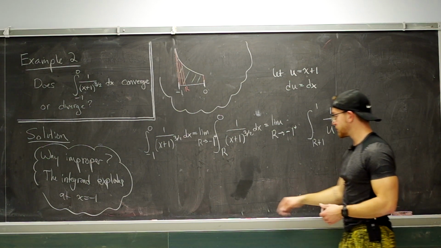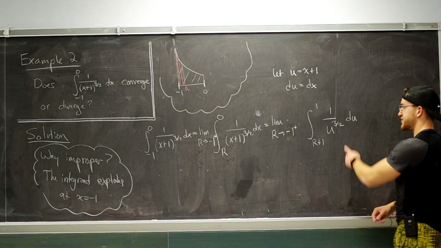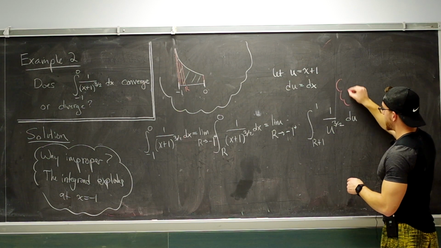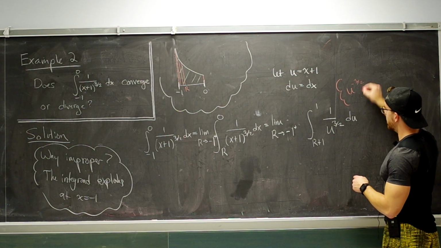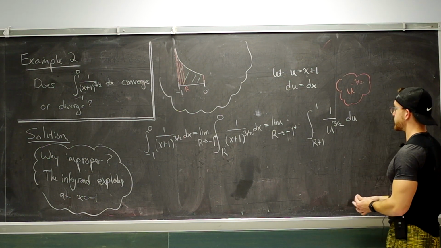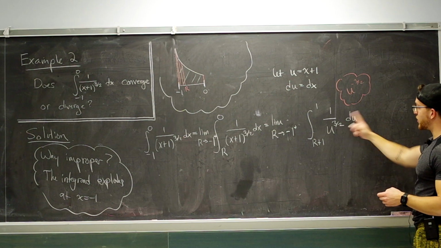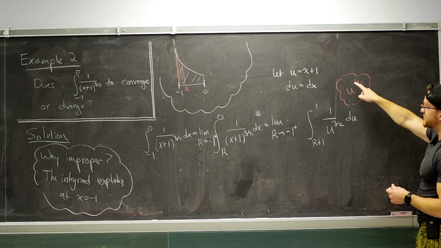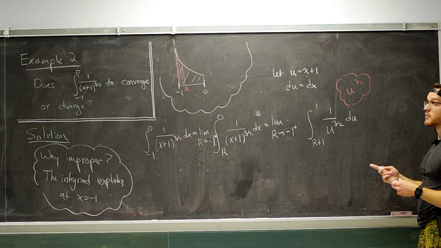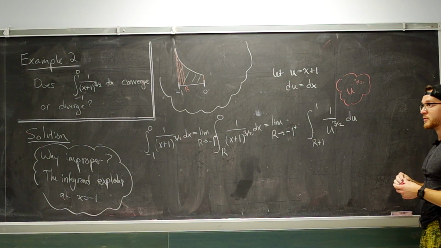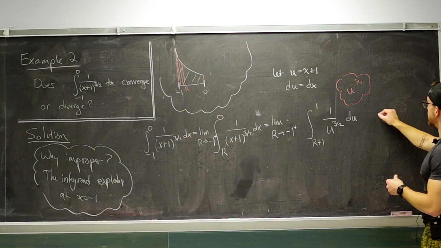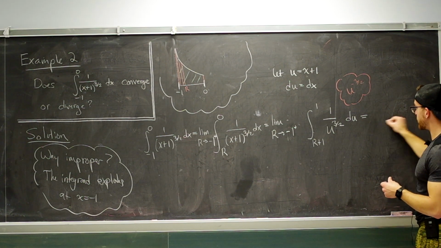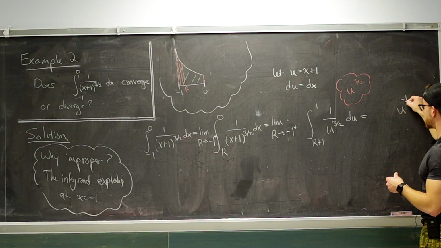And so here we are. Just like before, this is a power rule problem. I can think about this as being u to the -3/2. So power rule says bump the exponent up by 1. If I increase -3/2 by 1, -3/2 plus 1 is -1/2. So the antiderivative will be u to the -1/2, divided by the new exponent.